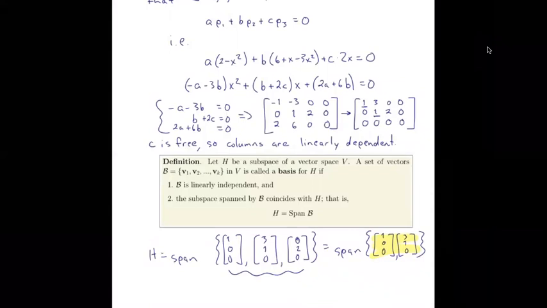This one's not a basis because it has a linearly dependent column among them. However, this one is a basis because the vectors are linearly independent. That tells us we can find among these vectors a subset which are linearly independent and still span H. In other words, we can find a basis for H in there.